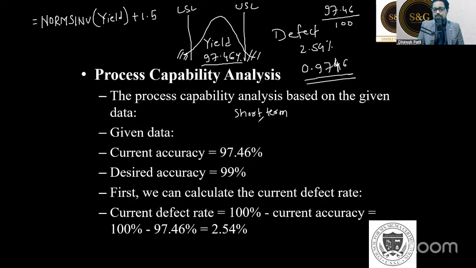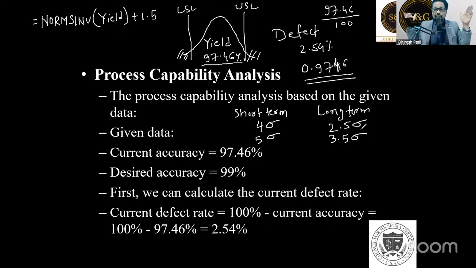If the short term sigma is a 4 sigma process, then the long term sigma would be a 2.5 sigma process. Now, if the short term sigma is a 5 sigma process, then in the long term it will be a 3.5 sigma process, because in the long term we have longer variations. That is just for your information. That's why this 1.5 has been added.